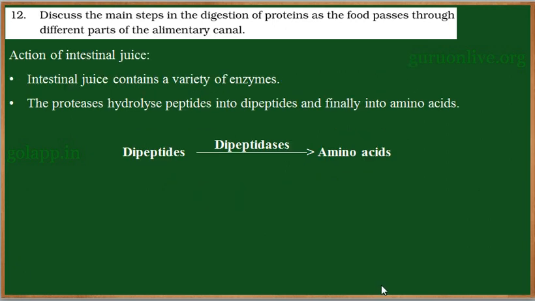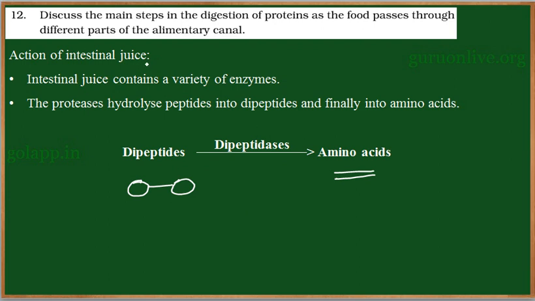Now dipeptides means two amino acids connected by a peptide bond. This is called a dipeptide. This dipeptide will be released to its simplest form, amino acids, by the enzymes present in the intestinal juice.